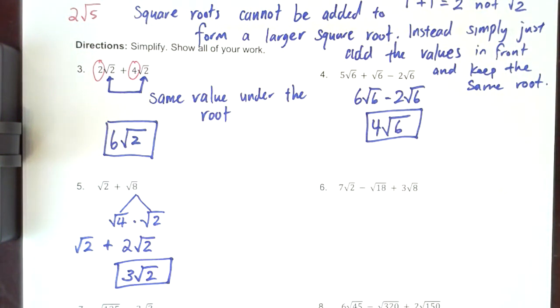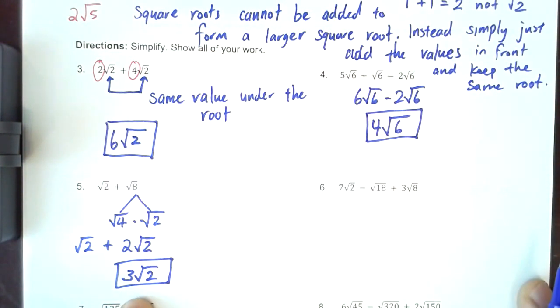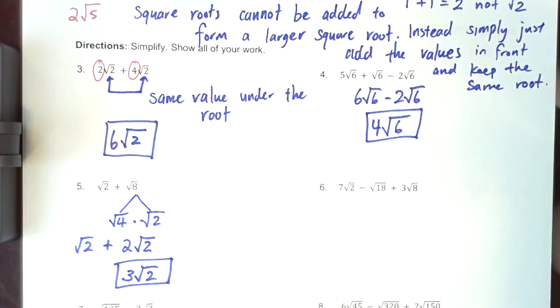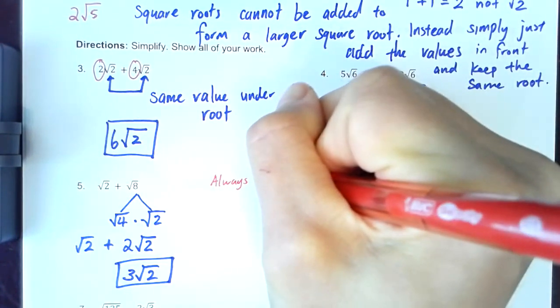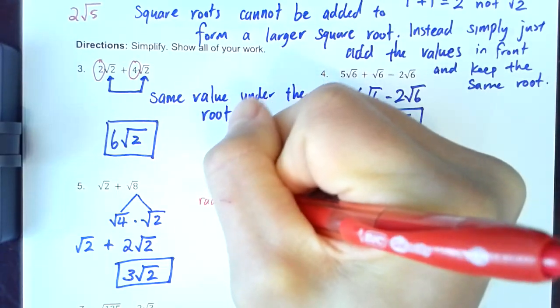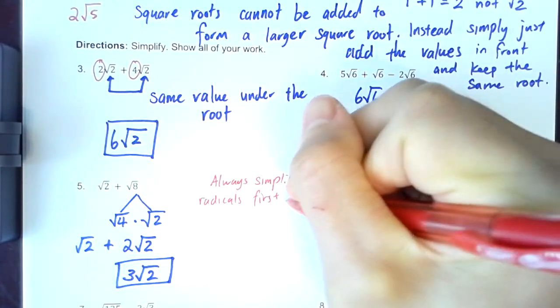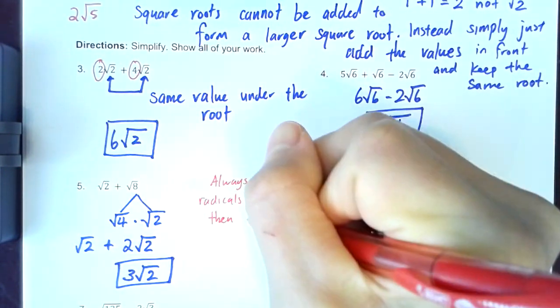Okay, so it's kind of combining all of the things that we've learned so far from the previous lesson, and now we're asked to add and subtract square roots. So I think the key here is always simplify radicals first, and then combine like terms.